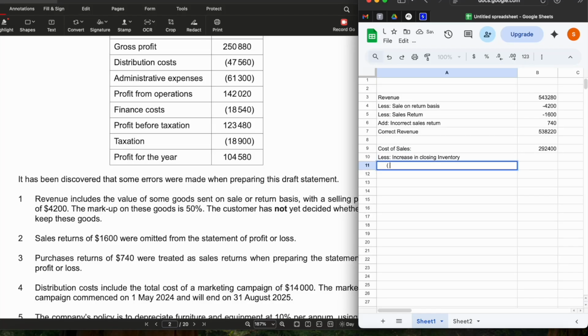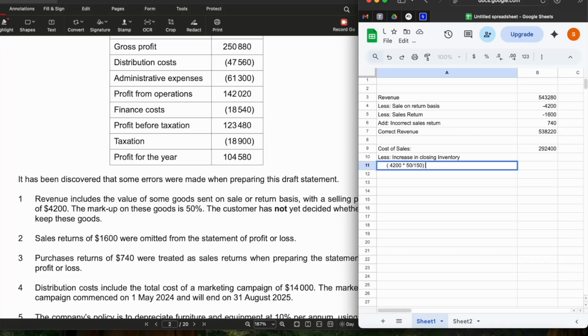Right now the sales amount is 4,200, and there we added a 50% markup. But this is the revenue, so we need to convert markup into margin, which is 100 plus 50, so 150. This is the chapter of incomplete records, margin and markup. If you want, you can go back and revise this chapter.